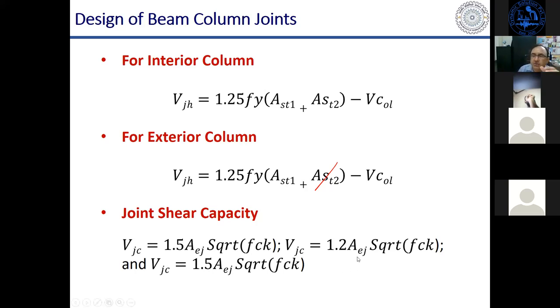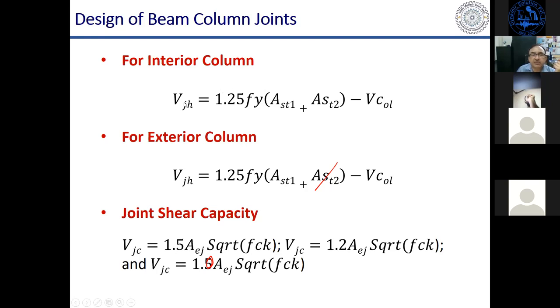There it has to be 1.0. Sorry, I have made another mistake here while making the slide. It is 1.0 AEJ in the code. So depending on the location of the column, we can select the appropriate expression for calculating the capacity, and this capacity should be larger than this demand.